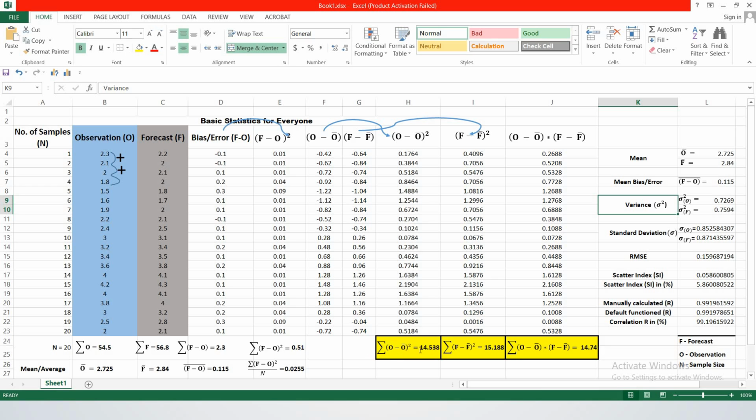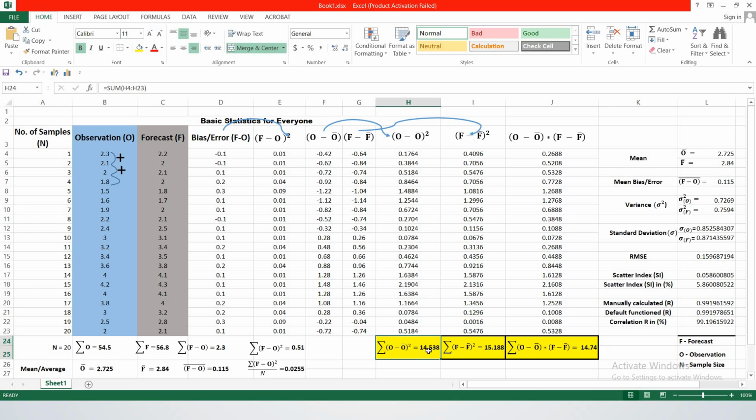Yes. So we have computed this term, that is 14.538, and if I divide this term simply by n, that is 20, I can calculate the variance for the observational data, right? That is what I did here. You see, H24. What is the place of this cell? That is H24.